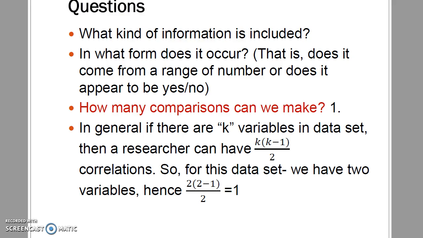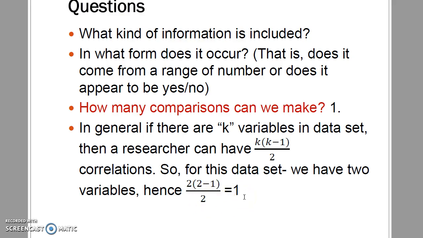How many comparisons can we make? This is an important question. It is there in your assignment also. If it has two variables, like I have the income and the years of experience, I will use this formula to find out how many correlations I can do. For two variables, it is 2 times (2 minus 1), divided by 2, which is 1.